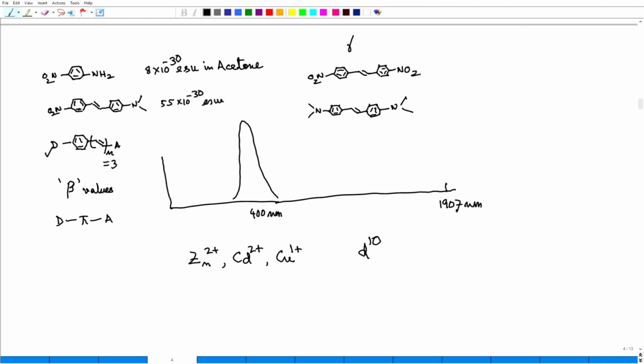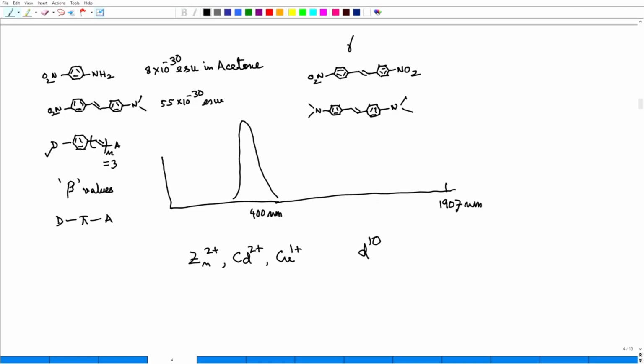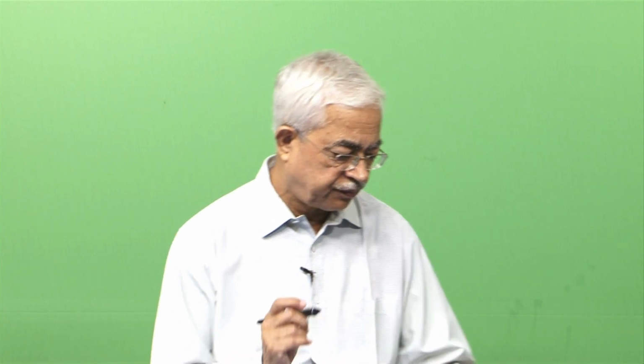Therefore, for beta values we want D pi A, or asymmetric electron polarization if you will, and for gamma value we always want symmetric electron delocalization. If we have symmetric electronic delocalization, gamma value will be high, and similarly beta value will be high when we have asymmetric delocalization.